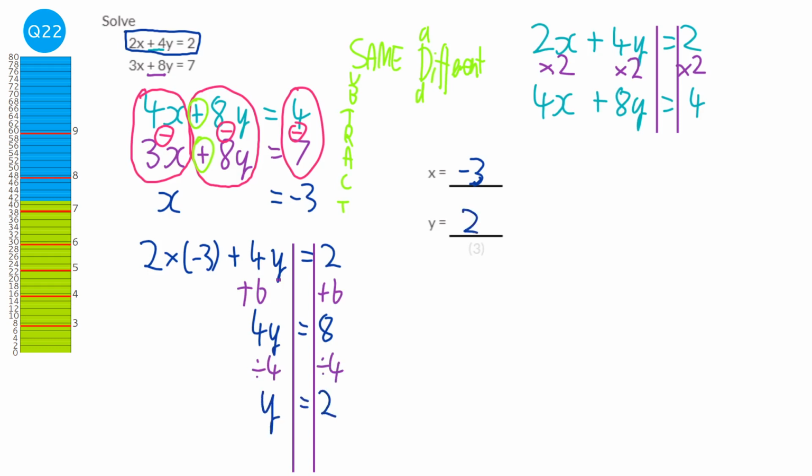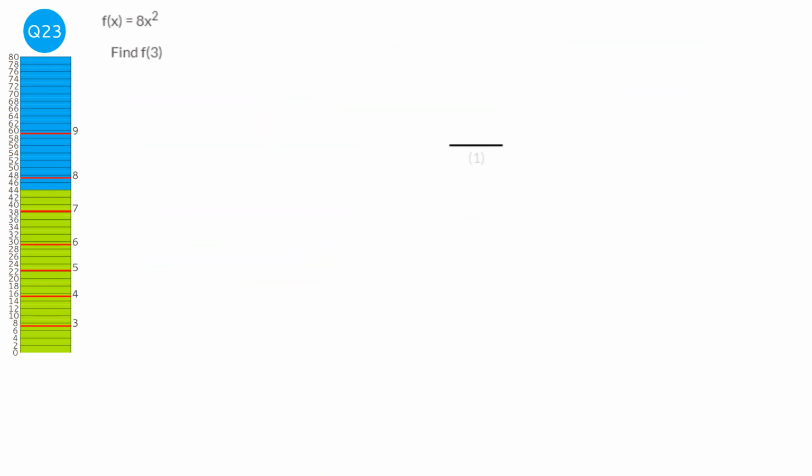We can check this by putting the values of x and y, substitute them into the second one. So 3 times minus 3 plus 8 times 2, and that does equal 7. This question is the same as questions you get where you've got y equals 8x squared, and you're asked to find what y is when x equals 3.